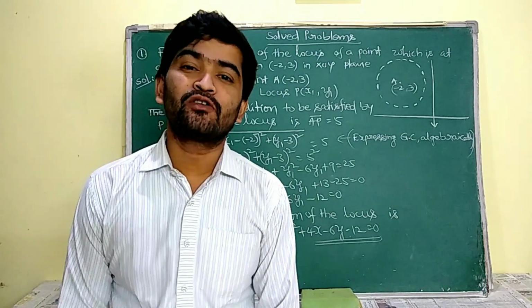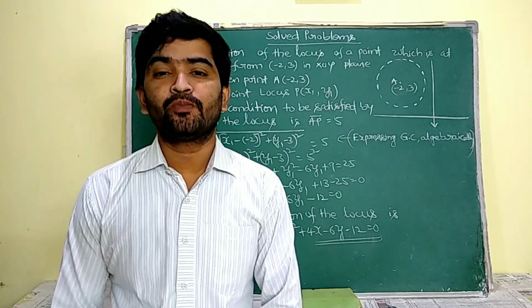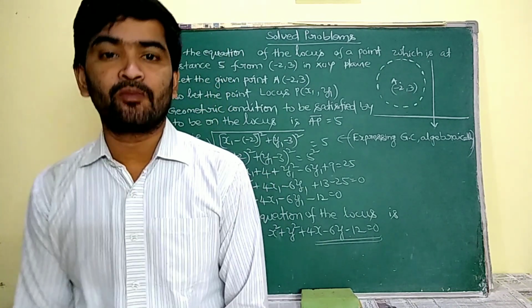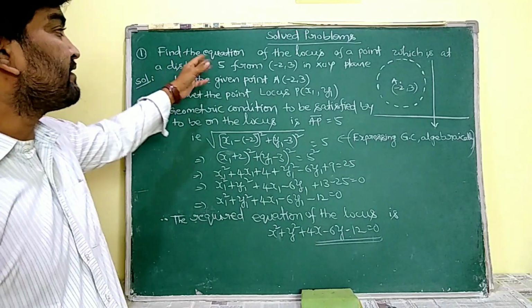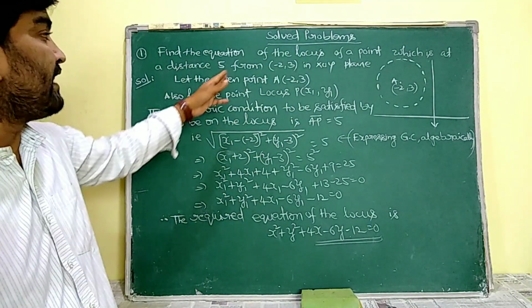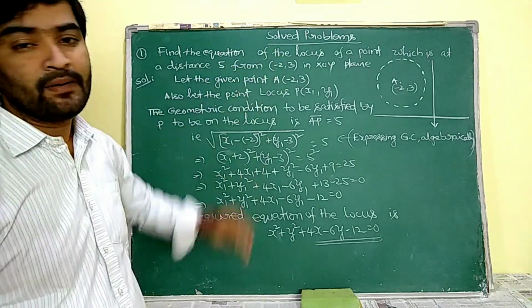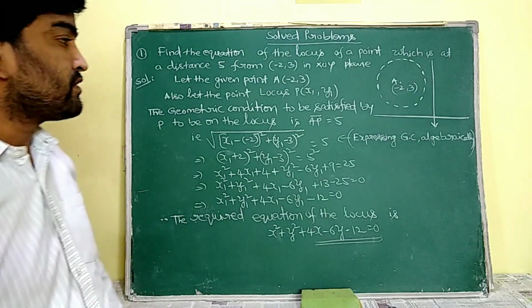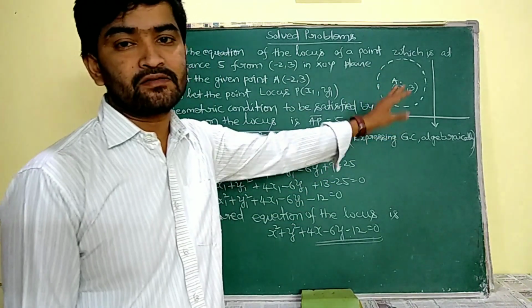Today in this video we are going to discuss the solved problems of the locus chapter 1. The first solved problem here is: find the equation of the locus of a point which is at a distance of 5 units from the point (-2, 3) in the XY plane. Let us take this as the XY plane.